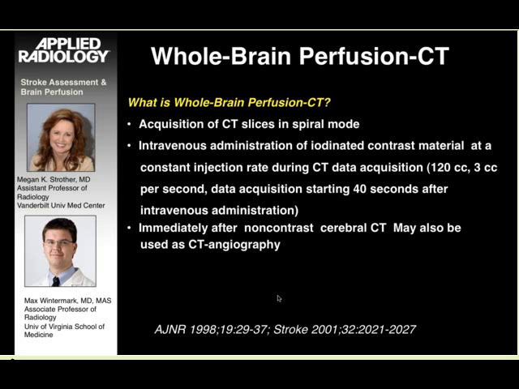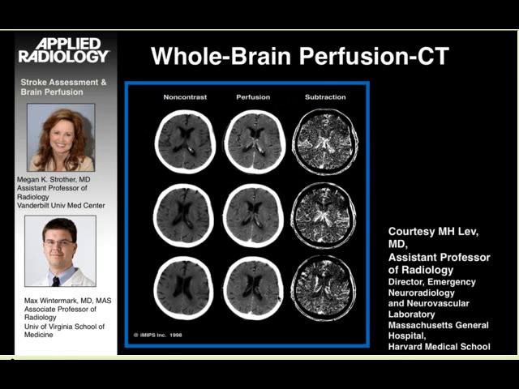Then when you get those two data sets, the non-contrast head CT and this particular type of CTA, you can subtract the non-contrast CT values from the corresponding voxels on the CTA study, and the result of the subtraction basically gives you the whole brain perfusion CT information. It's illustrated on this slide.